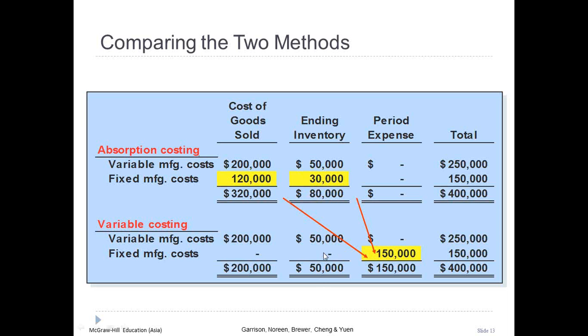Under variable costing, it does not have any fixed manufacturing costs in the ending inventory. Why? We expense all of the fixed manufacturing costs as a period expense under variable costing. Therefore, in this example, the totals are the same. However, one has got a period expense, one has got an ending inventory expense.